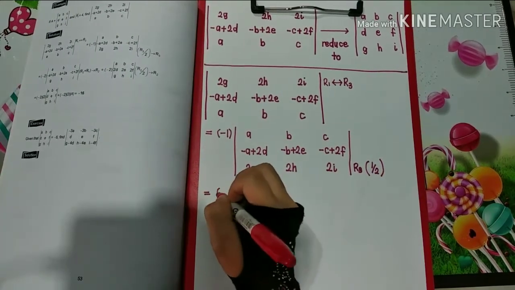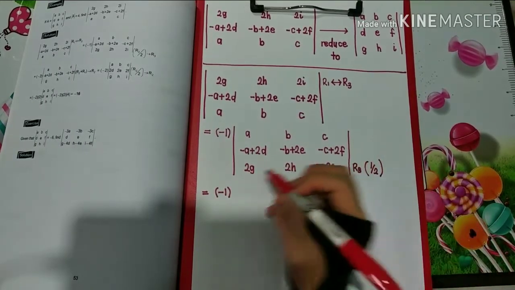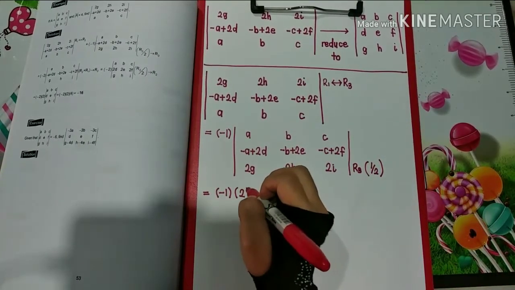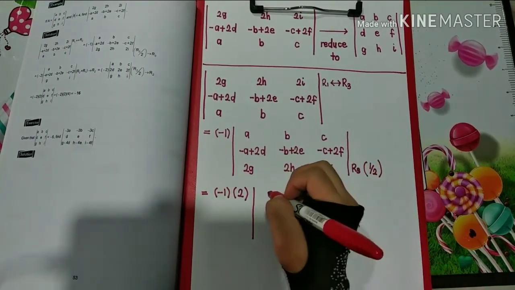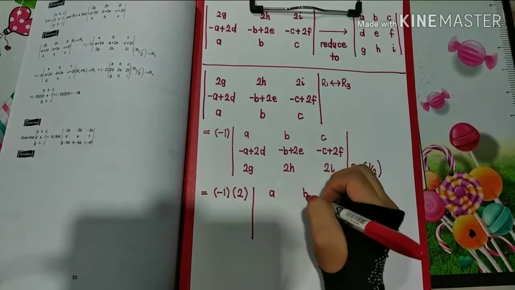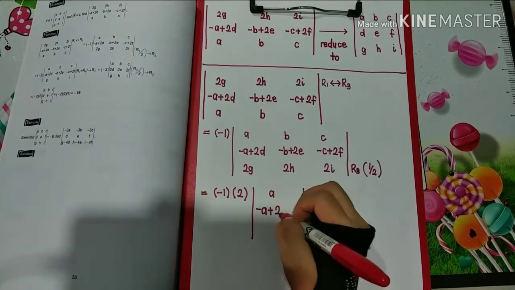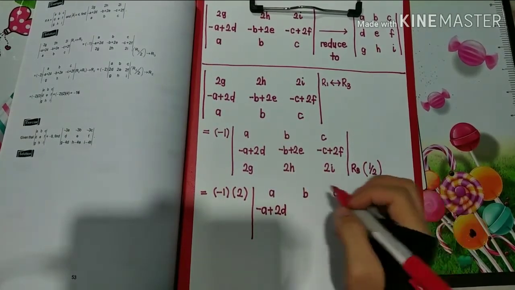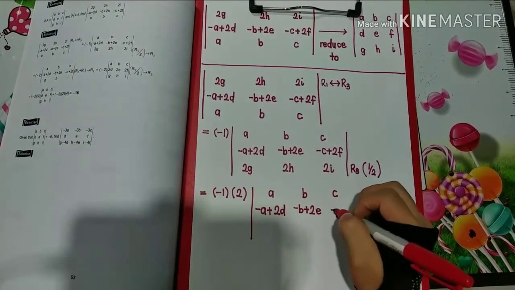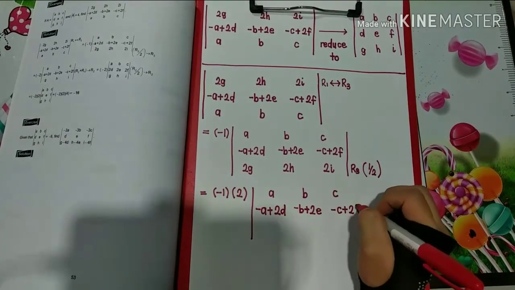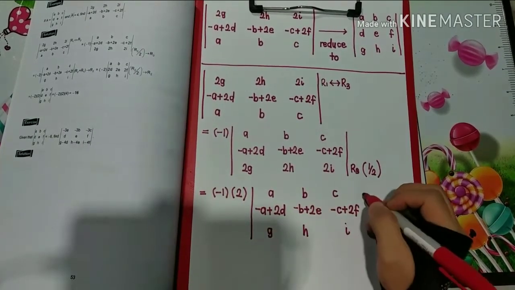You copy back -1 first. If you multiply a row by 1/2, the determinant you multiply by 2. So you write back the matrix here, and then you perform R3 multiplied by 1/2. So you are only left with G, H, I.